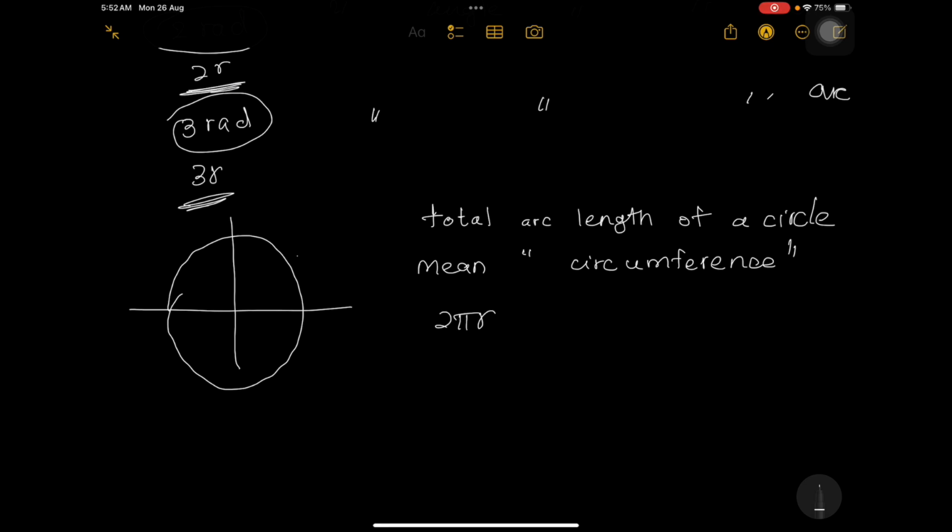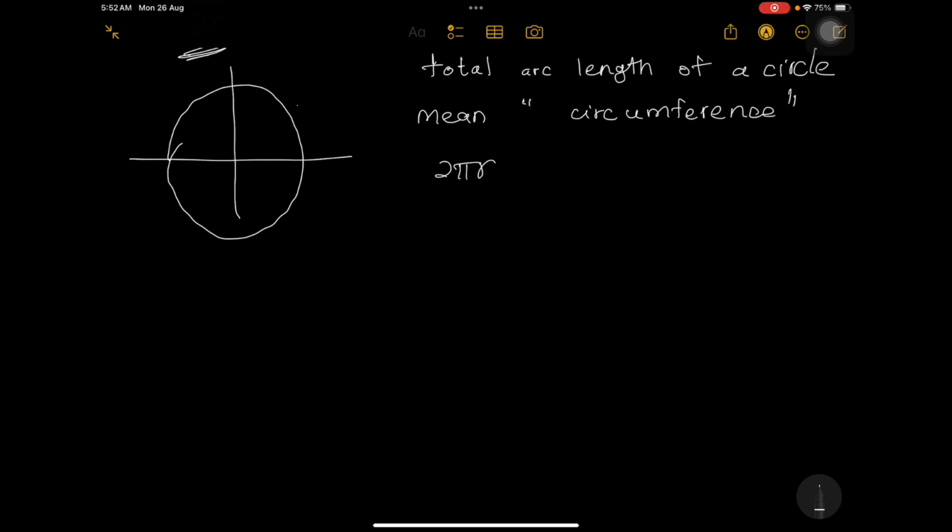So what is the complete angle around the center of the circle in radian? Can you tell by logical connection?